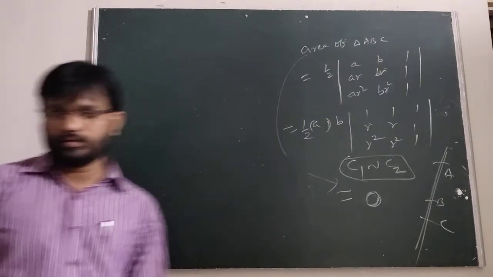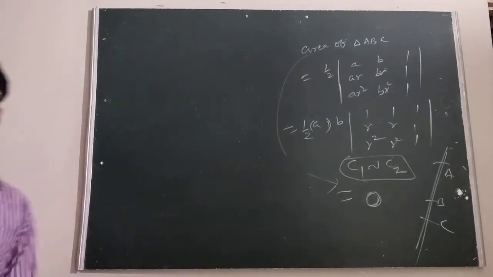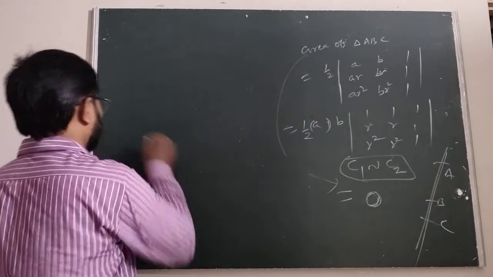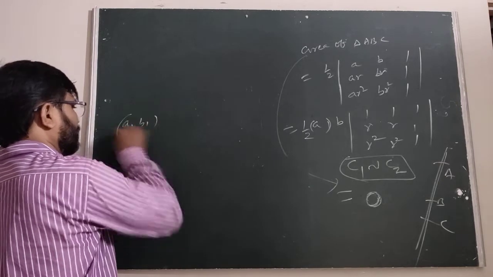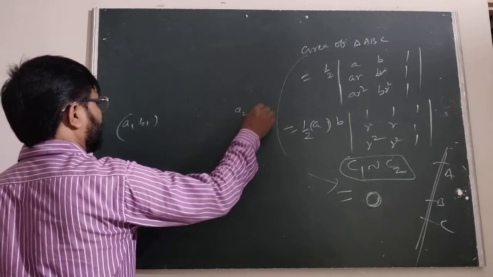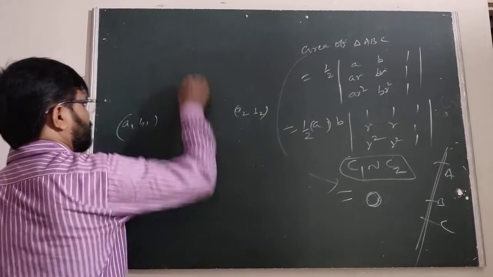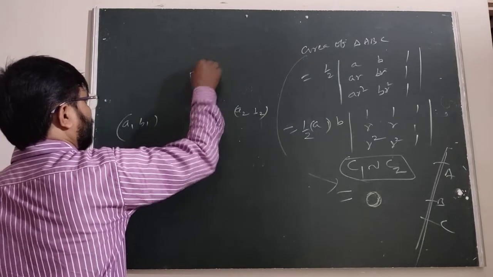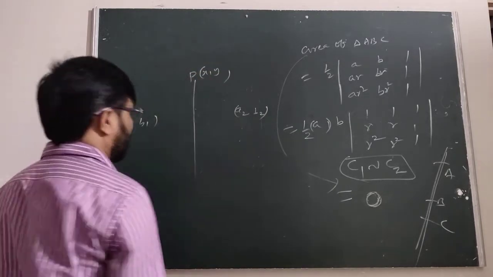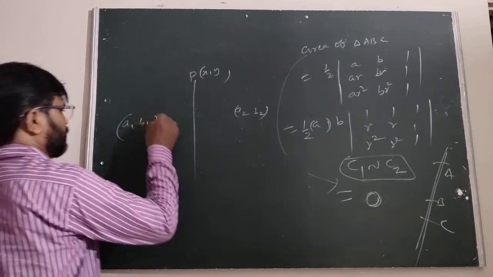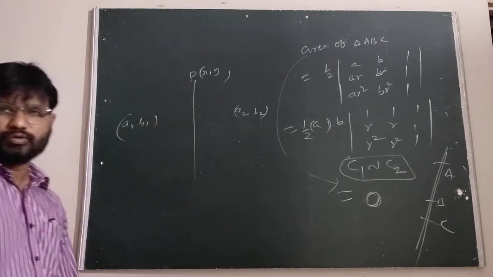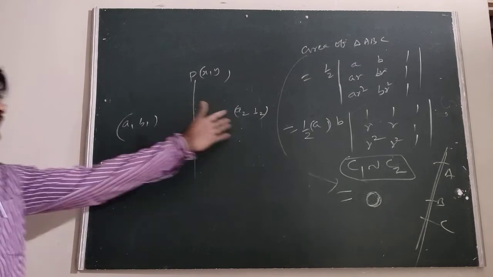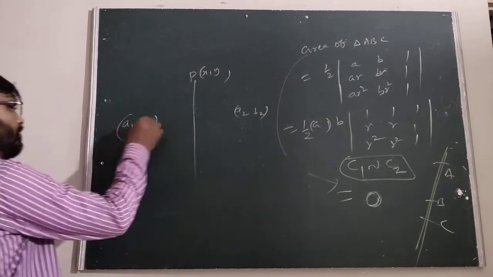Okay. The locus of points equidistant from two given points. Suppose the given points are (a1, b1) and (a2, b2). We take the equidistant point as P(x, y). Equidistant means it is the perpendicular bisector of the line segment joining (a1, b1) and (a2, b2).